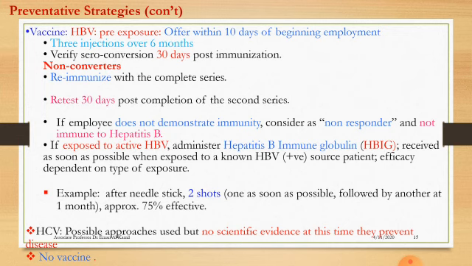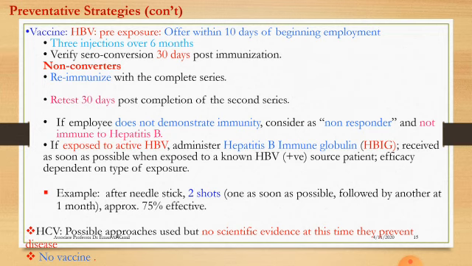If the employee does not demonstrate immunity, he is considered a non-responder and non-immune, or he has no immunity against hepatitis B virus. If this individual, a non-converter, is exposed to active hepatitis B virus, we should deal with him in the following way.